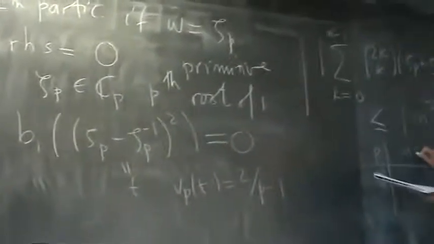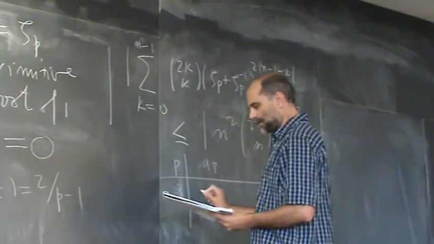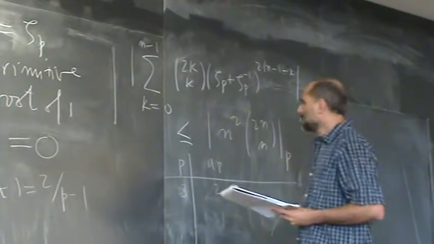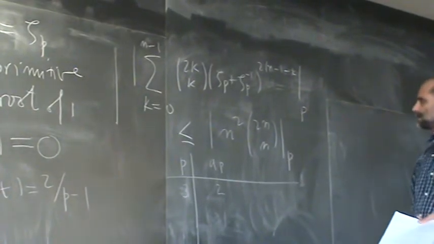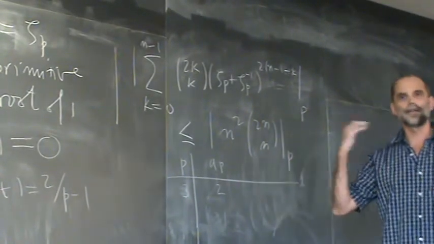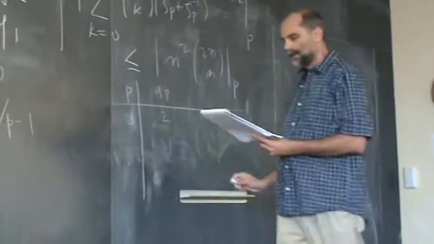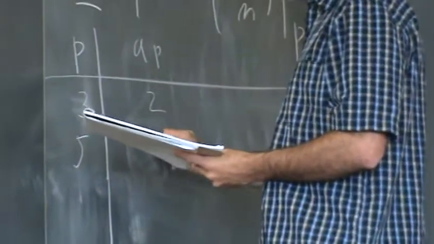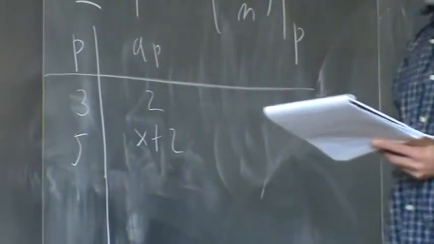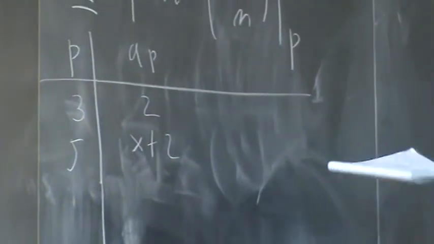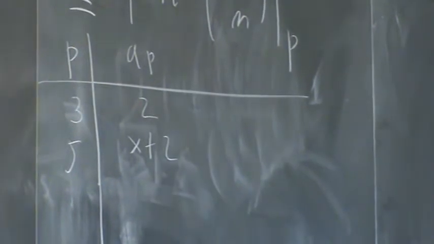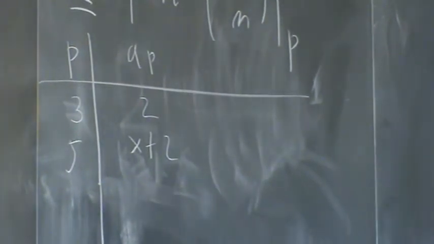And you know, I can't help myself, I just plotted a few of these. So for p equals to 3, the polynomial is a constant. So for all n's, we have exact equality, which is what Sagi proved. And then, for example, for 5, we have x plus 2. So that means that as long as x is not minus 2 mod 5, we have equality.